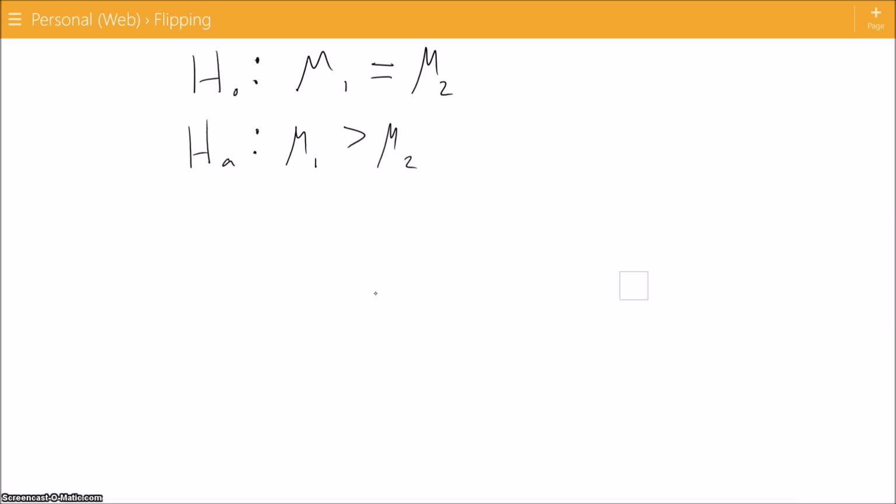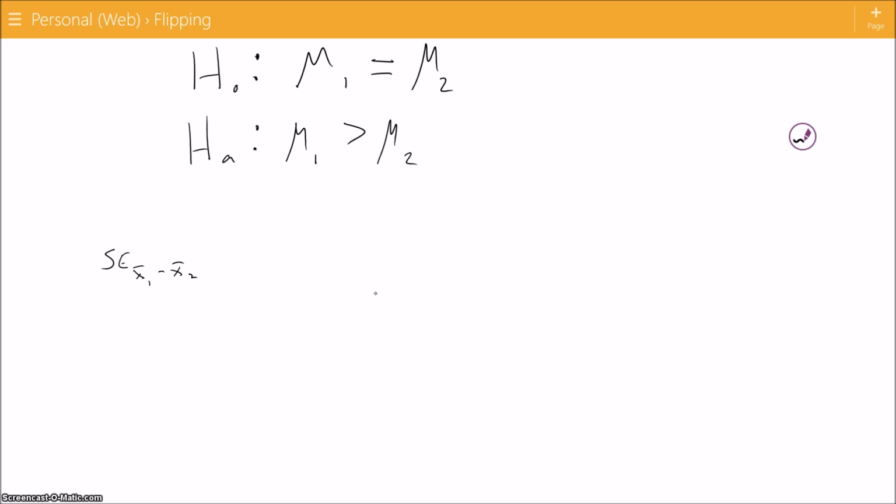This is going to change a little bit of what we've done. First of all, let's start with how our standard error is going to look different. Let's call this SE, with a little note down here: x bar 1 minus x bar 2, because we've got two separate groups that we're looking at. What this is going to look like is simply the square root of sigma, the standard deviation of my first group of data. Everything that's got a 1 is going to go together.